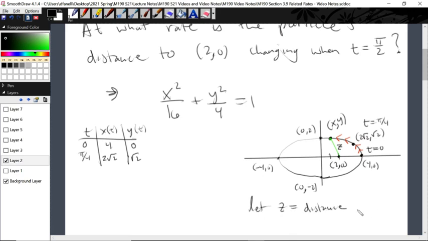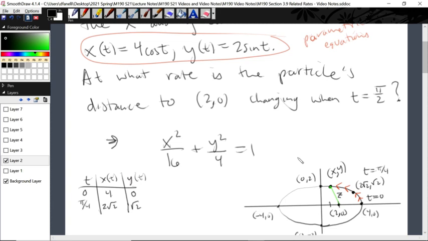Let z equal the distance from the particle's position at x, y to 2, 0. And so that is changing. We're interested specifically in not just what is the distance when t equals pi over 2. That's not what we want.